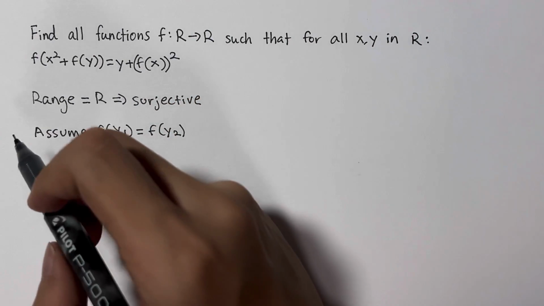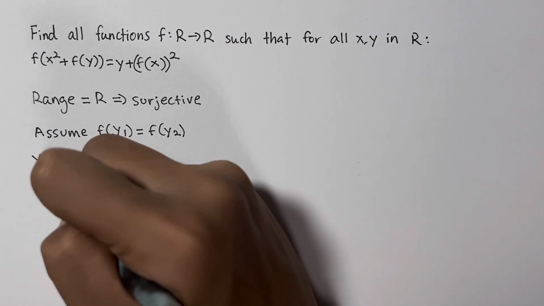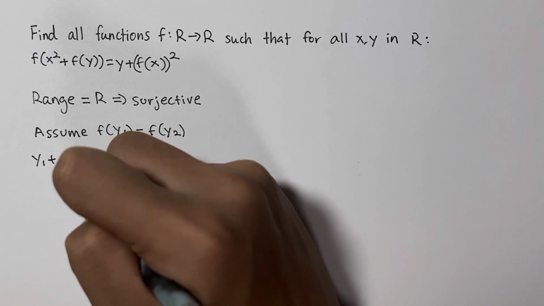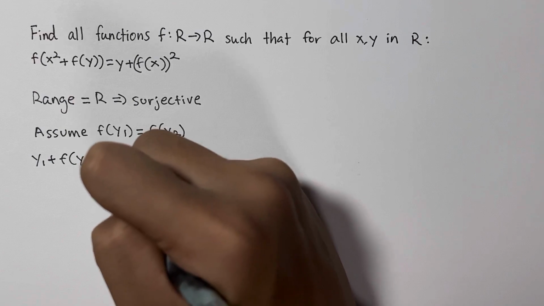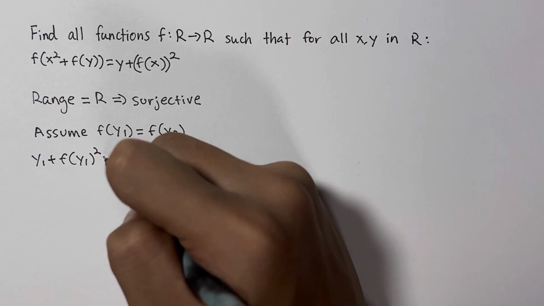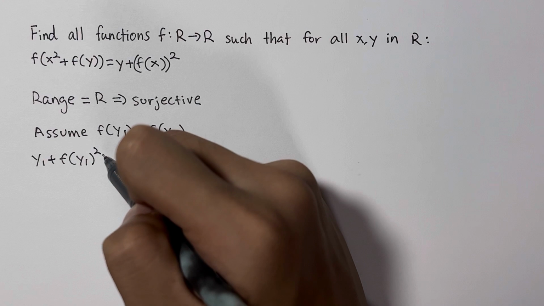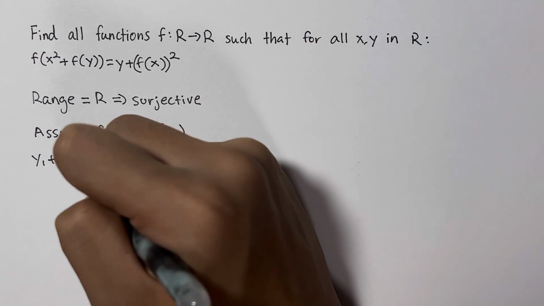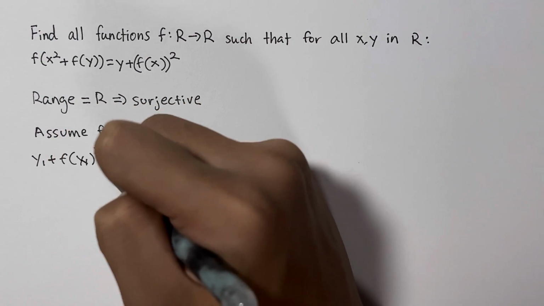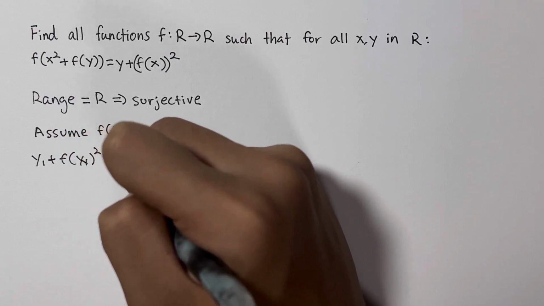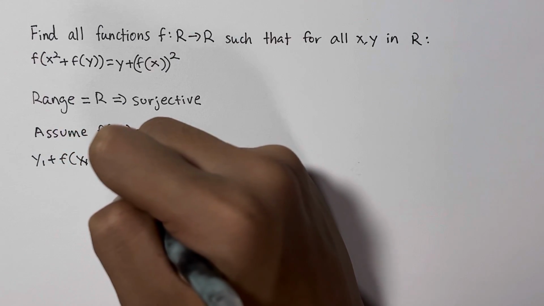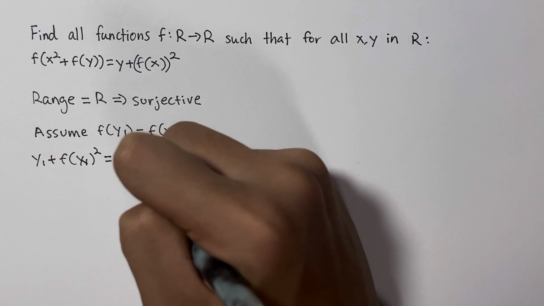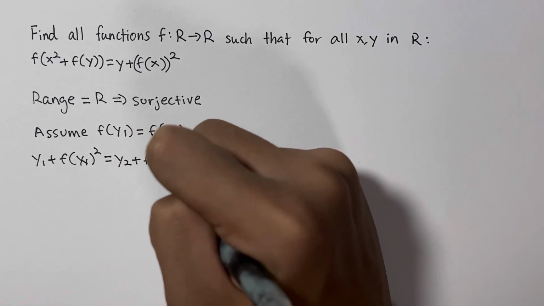So we'll have y1 plus (f of x) squared equals y2 plus (f of x) squared.